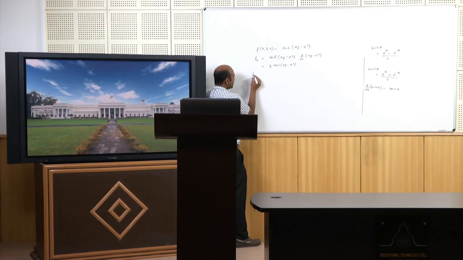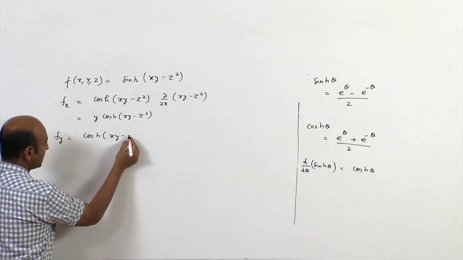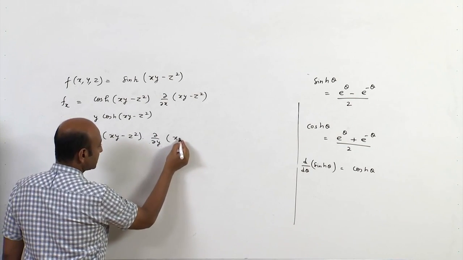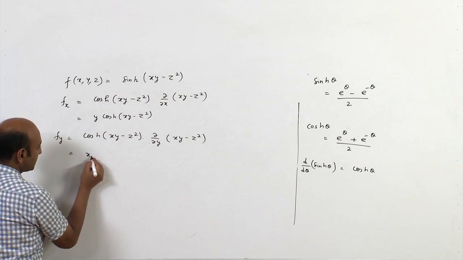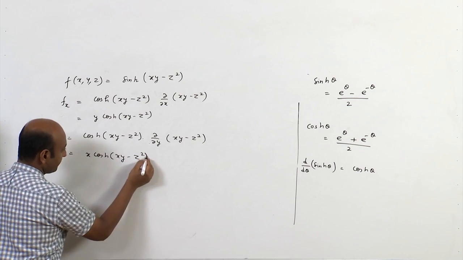Now, f_y is similarly cos hyperbolic of xy minus z square into del by del y of xy minus z square, which is x times cos hyperbolic of xy minus z square.